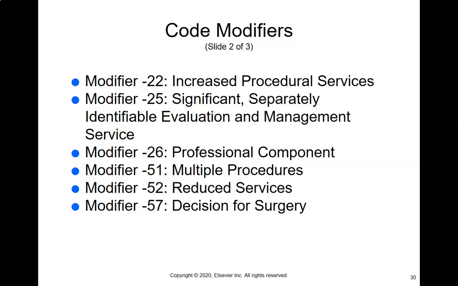Modifier 51 is multiple procedures. An example of that is when more than one surgical service is provided on the same day or in the same surgical section by the same physician, such as an excision and biopsy. Modifier 52 is reduced services. And modifier 57 is decision for surgery.